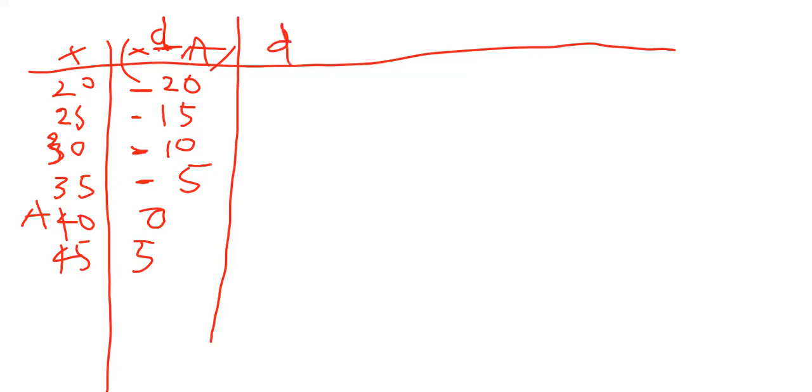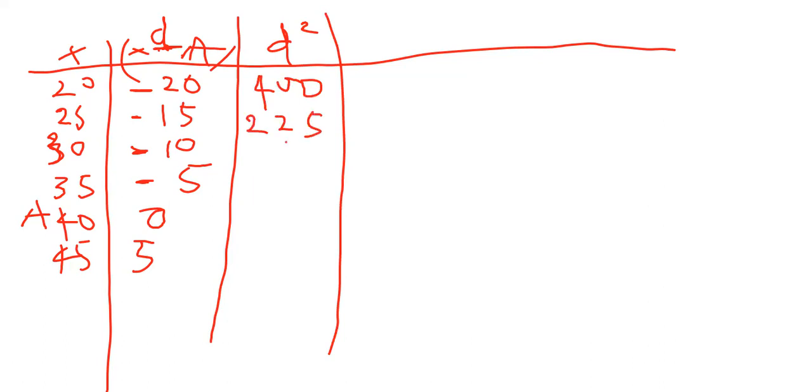We look for the square. This square here will be 400. There will be 225. 15, 15 is 225. 10 is 100. This is 25. This is 0. This is also 25. Is it clear? I've missed something there, but let's just put it here.